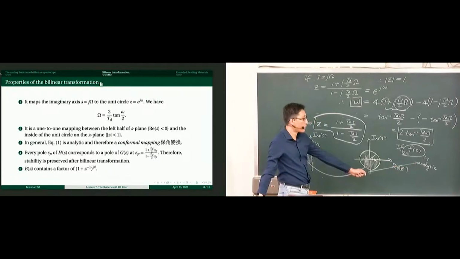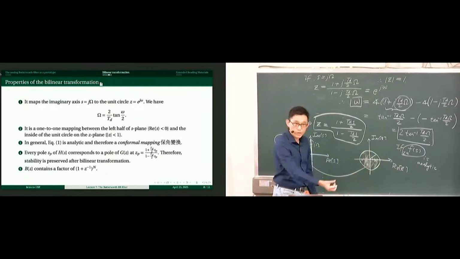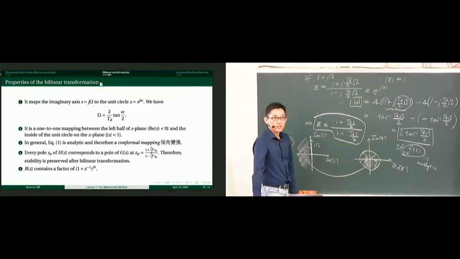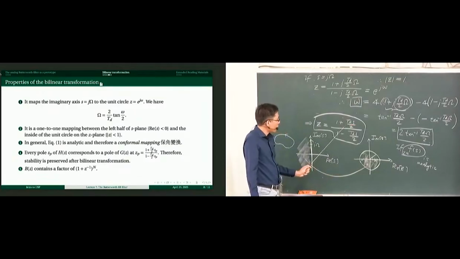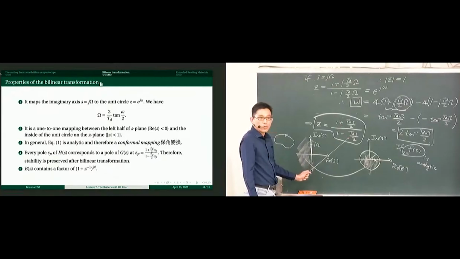In the sense that its real part and imaginary part obey the Cauchy-Riemann relation, 柯西黎曼的关系, analytic function, so it becomes differentiable 这类的. If you have a differentiable function, which is differentiable almost everywhere except at this pole location, okay? But everywhere else, z is a differentiable function with respect to s. 对 s 是可微分的。Here, really everything is complex numbers.